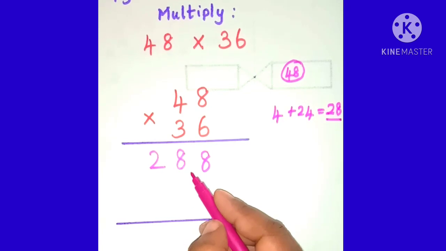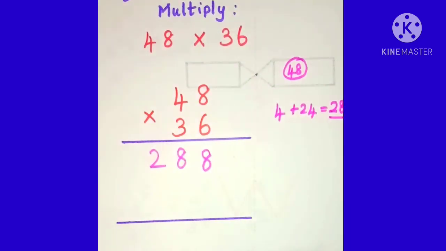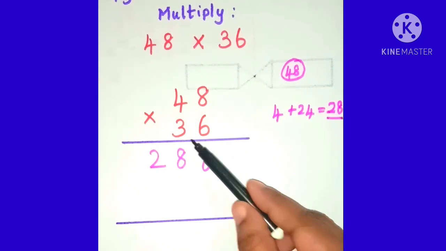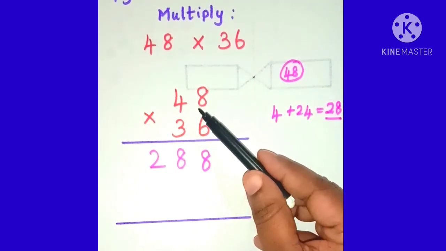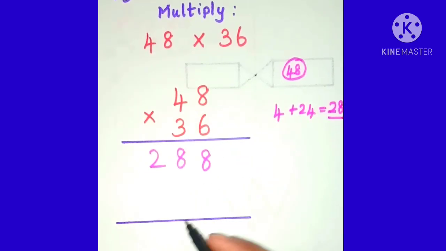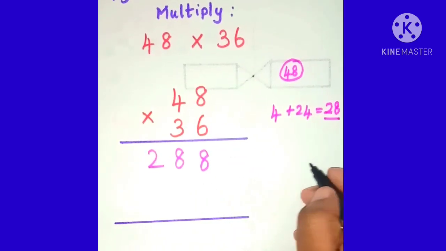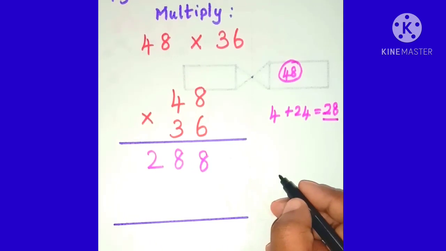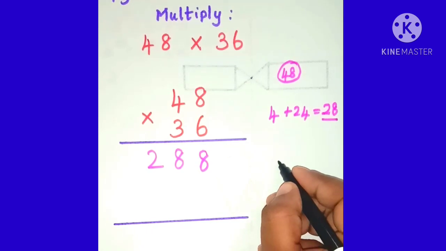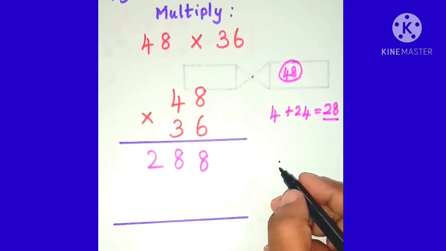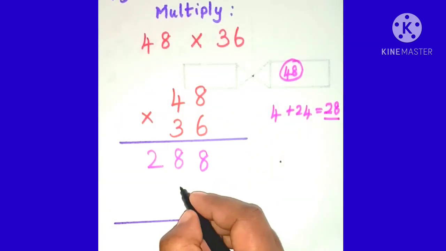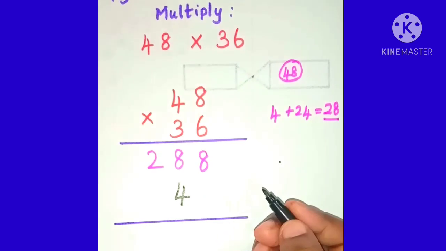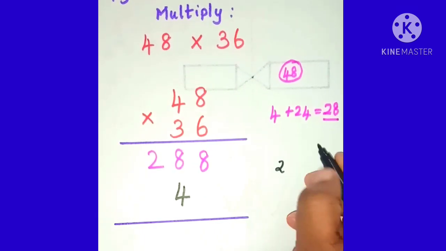Then, you have to multiply 3, which is in the tens place of 36, with 48. Then, you will get the answer as 144. That is 48 into 3. 3 into 8 is 24. So, write 4 and keep 2.